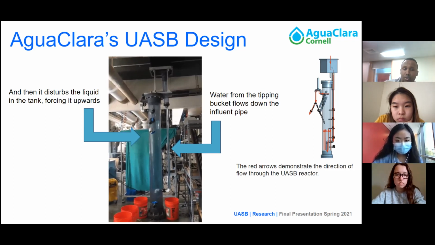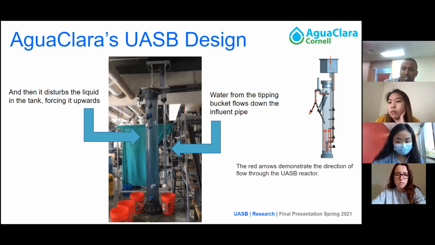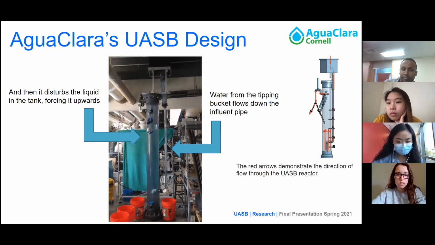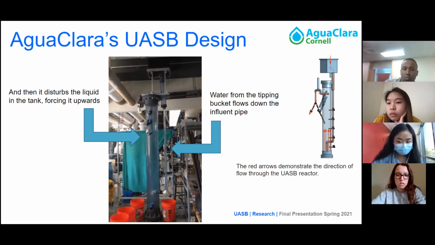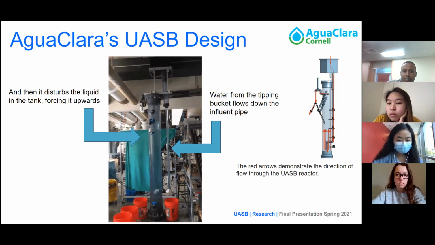The pulses flow reactor water collecting in the tipping bucket until it reaches a volume predetermined by the placement of the pivot on the side of the bucket. When it's filled, the bucket tips, sending the pulses of wastewater down the pulse pipe approximately every 15 minutes.